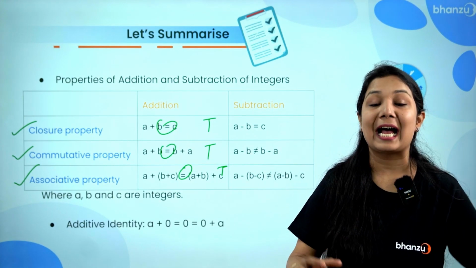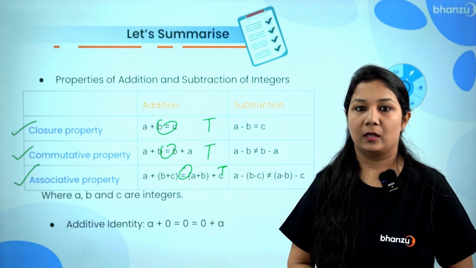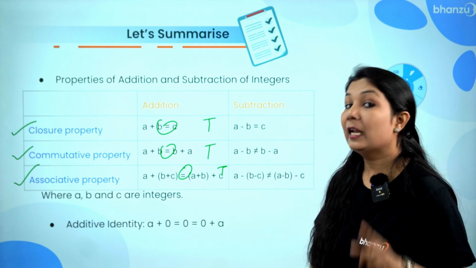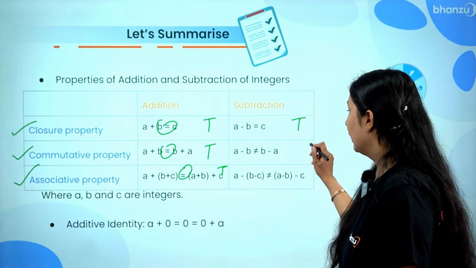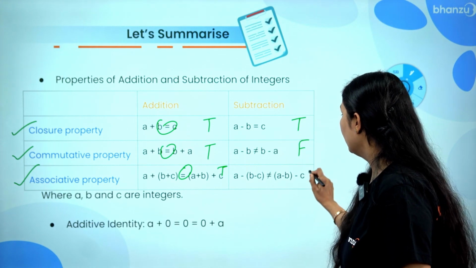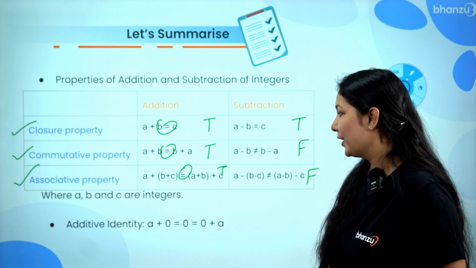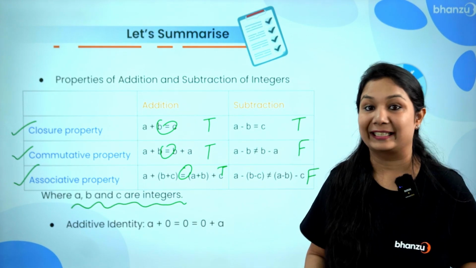Because we were getting the same answer, or an integer in closure property, according to the definition of the properties. But in subtraction, it holds good only for closure property, not for commutative property, not for associative property. Where a, b, c are integers, any integers, do not forget that.